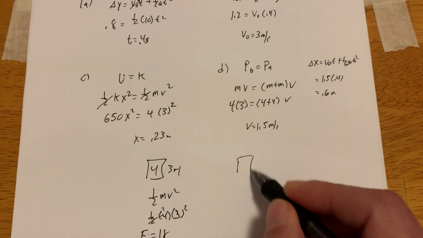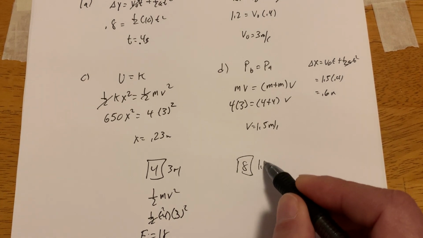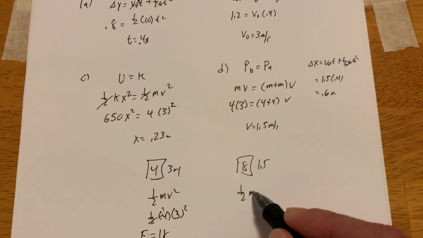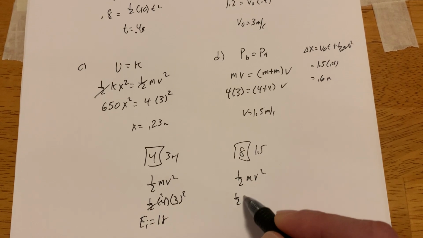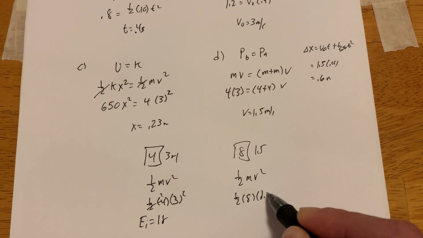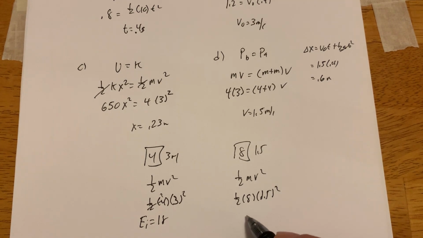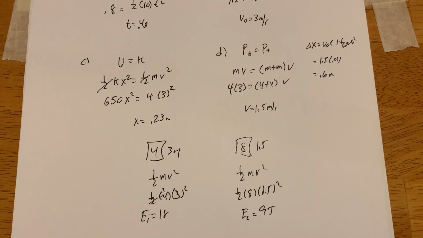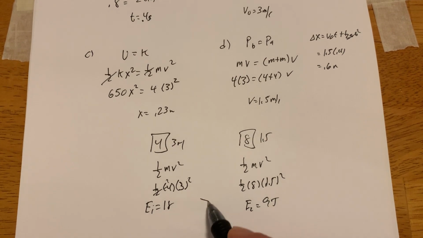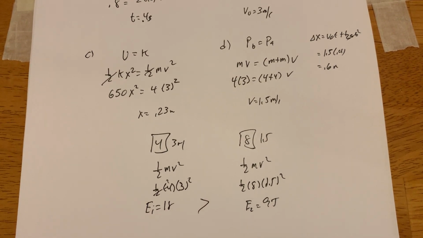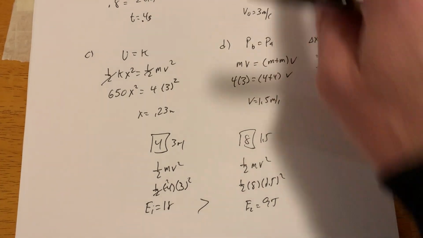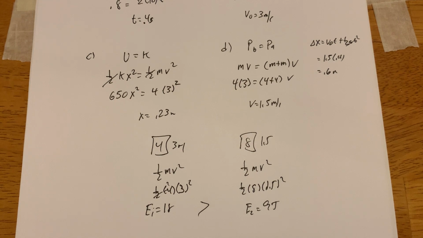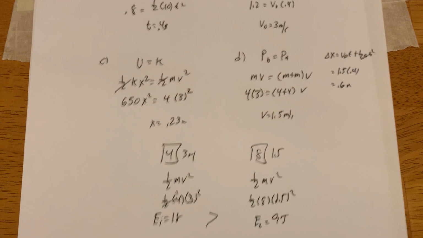What happens after? 8 kilograms, it's going 1.5. 1/2 mv squared, 1/2 times 8 times 1.5 squared. Believe it or not, this E2 is equal to 9. So the answer is, like I said, E1 is greater than E2. Explanation: inelastic, energy must be dissipated to conserve momentum. Okay, so that is 13A.